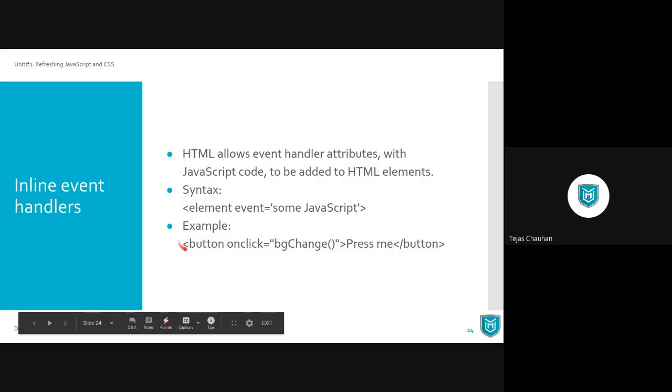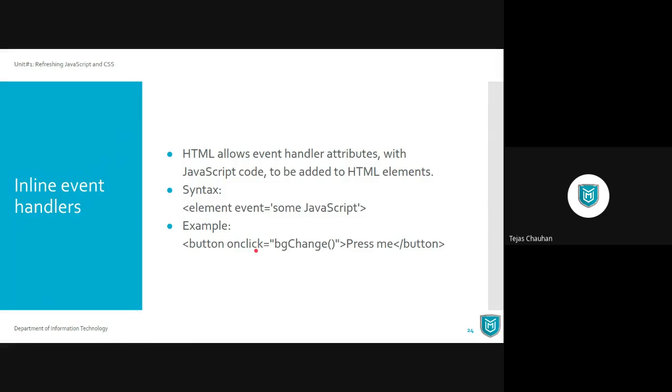With any element's starting tag, we have an attribute, the event attribute. So onclick is the attribute. And then for that attribute, we define a value which will be the JavaScript code.